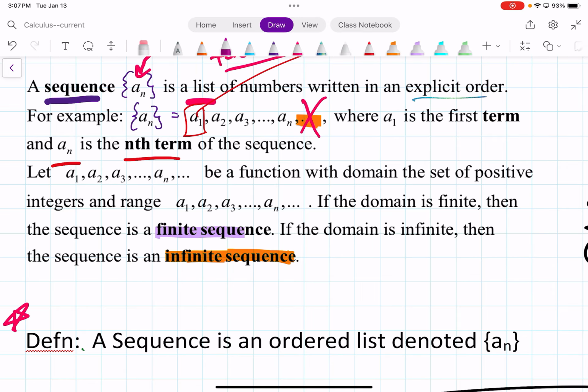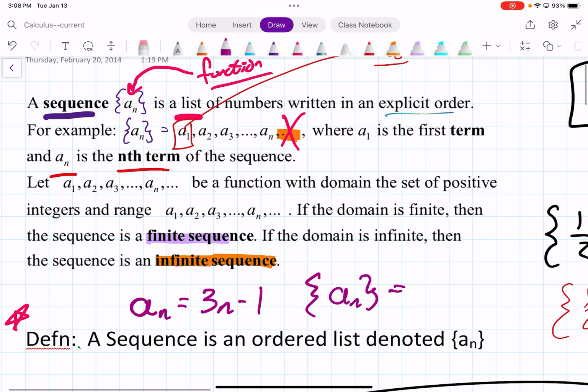If I give an example here, I could say I have a sequence defined where a sub n is 3n minus 1, okay? Then if I would go to list those out, what is the set of a sub n?